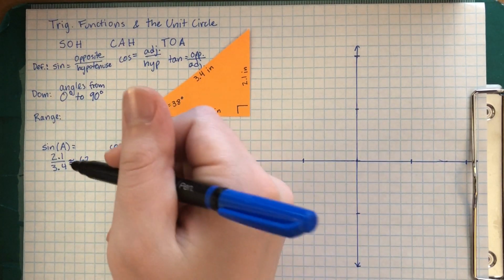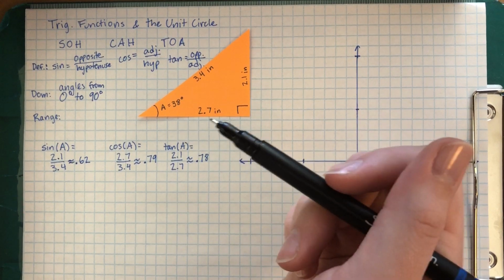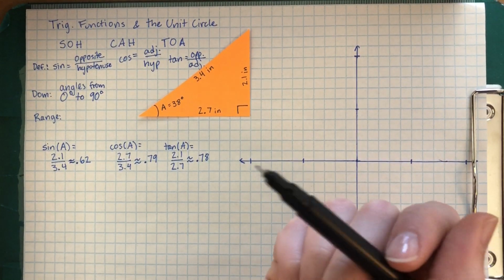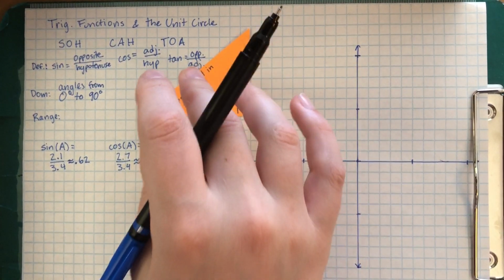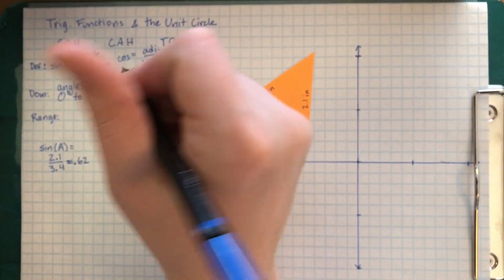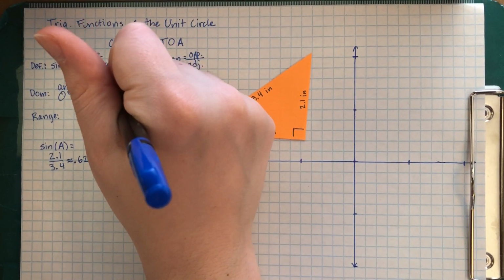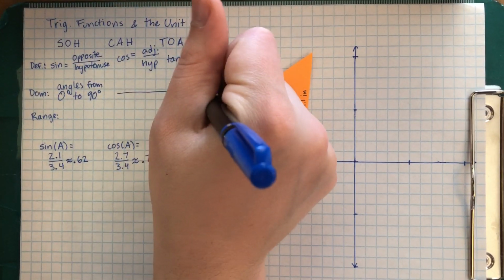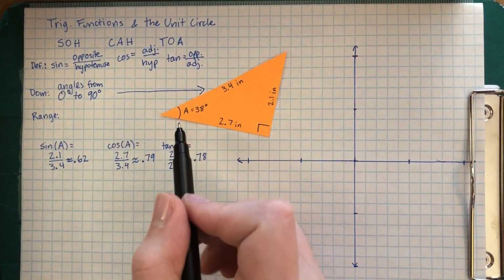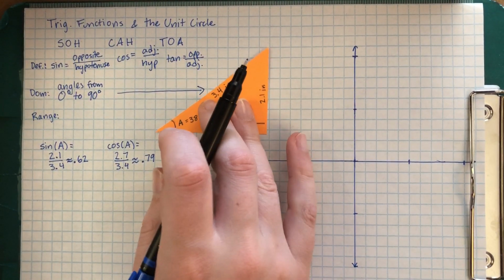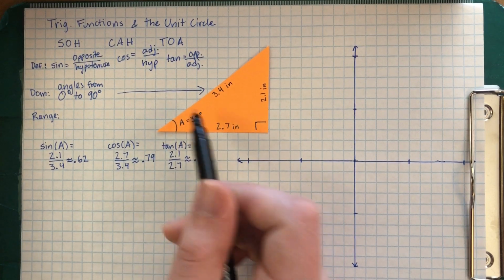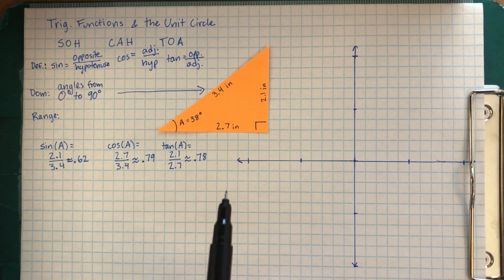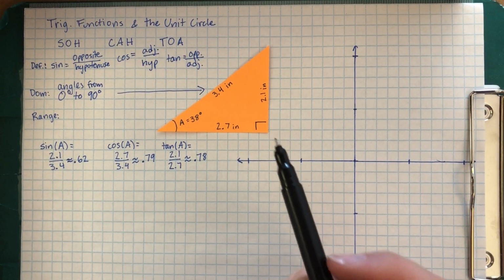So the domain of this function sine is angles between 0 and 90 degrees. And the same thing is true for cosine and tangent, because they all take in the same angle. It's one of the non-right angles in a right triangle, so that is always going to be between 0 and 90 degrees.